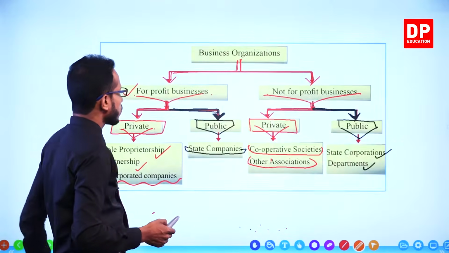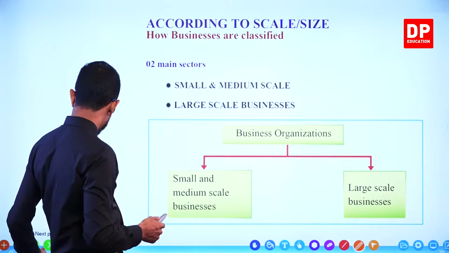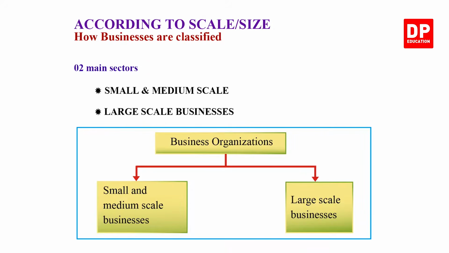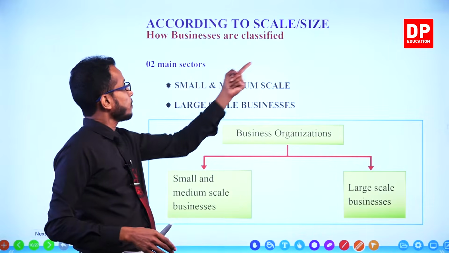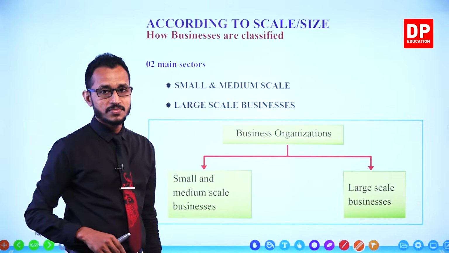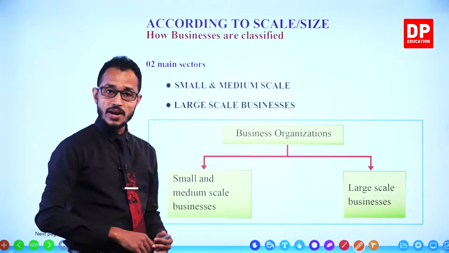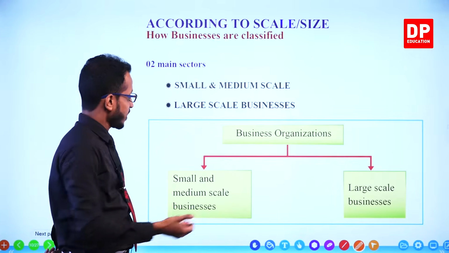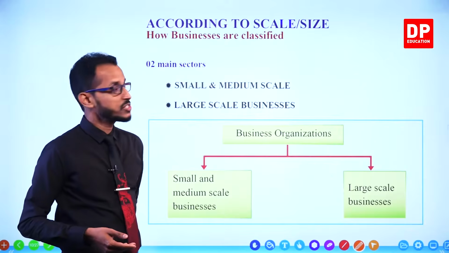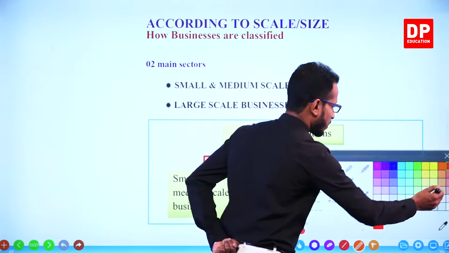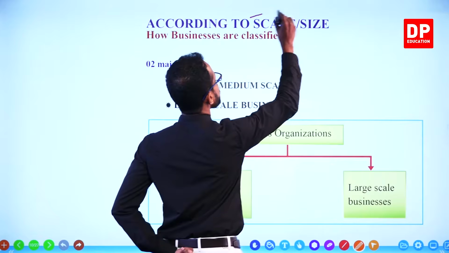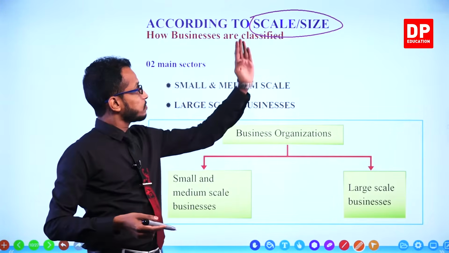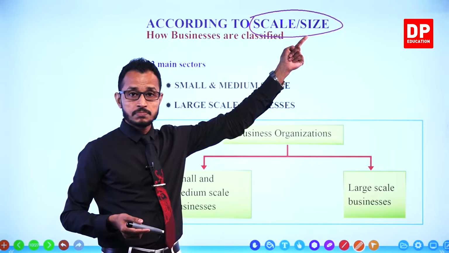Right, so those were the areas that we covered in the last session. Now we come into action with another criteria, with another base. Again, we divide business organizations considering the scale or the size of the business.